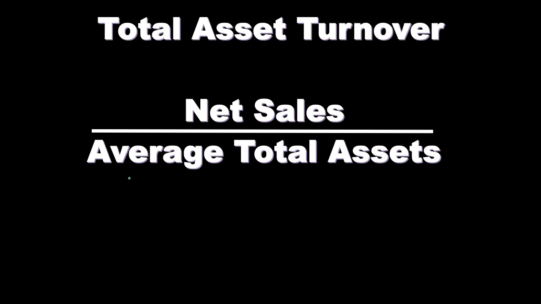And therefore, in order to line these two up into the same kind of time period, what we want to think about is the average assets as they might be over any given point within the year. And therefore, we want to take the average, which will be the beginning year number in terms of what the total assets are at the beginning, plus what the total assets are at the end, and then divide by 2.